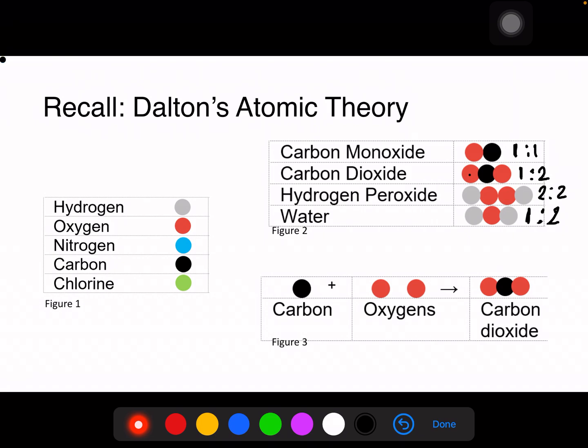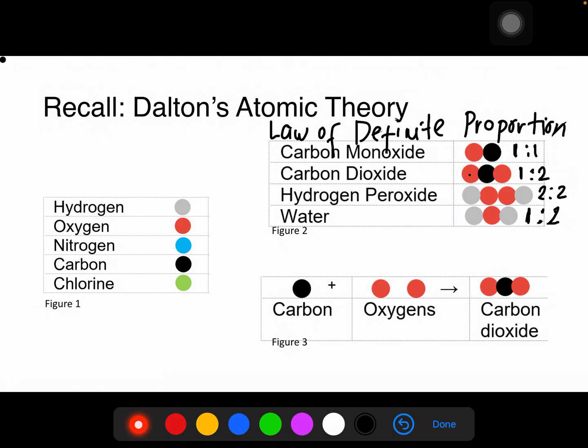So this figure pertains to the law of definite proportion. It states that a given chemical compound or a given molecule always contains its component elements in a fixed ratio.